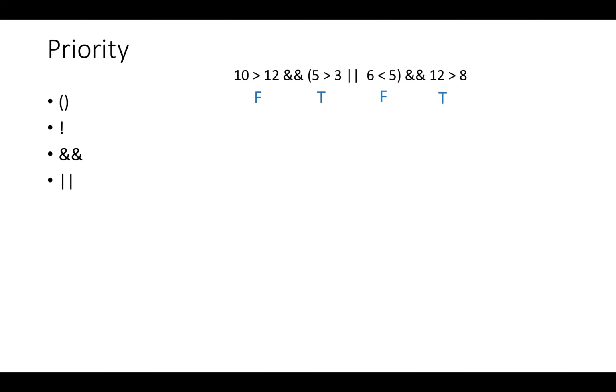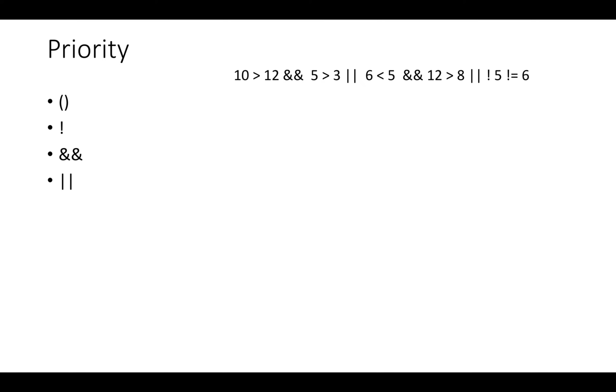So we have false and true or false and true, but that or is in parentheses, so that means you gotta solve that logical operator first. So we have a true inside, and then from left to right we look for ands. There you have false and true is false, and then the other and, false and true is false. So at the end that will be false. Okay.